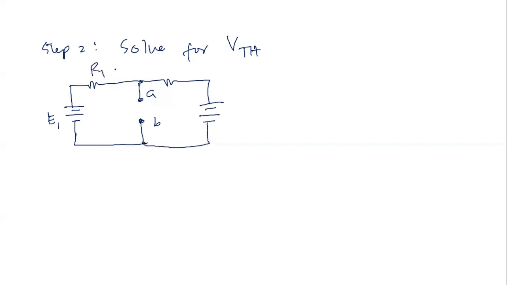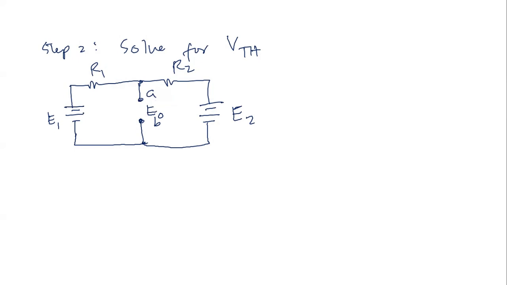So we have R1, R2, and this is E2. At the open circuited terminals, we have here EO. And how are we going to solve for EO at the terminals AB?